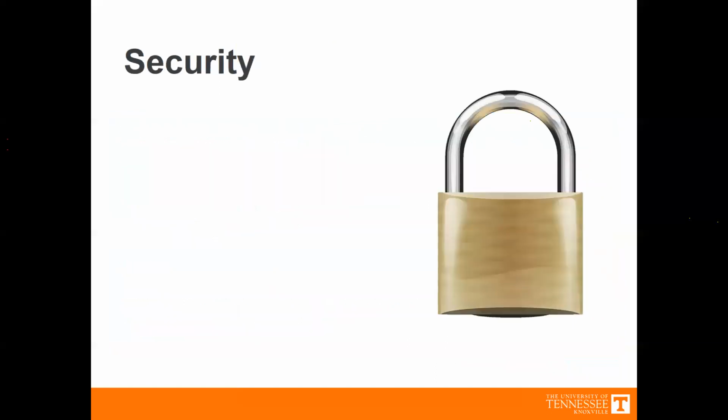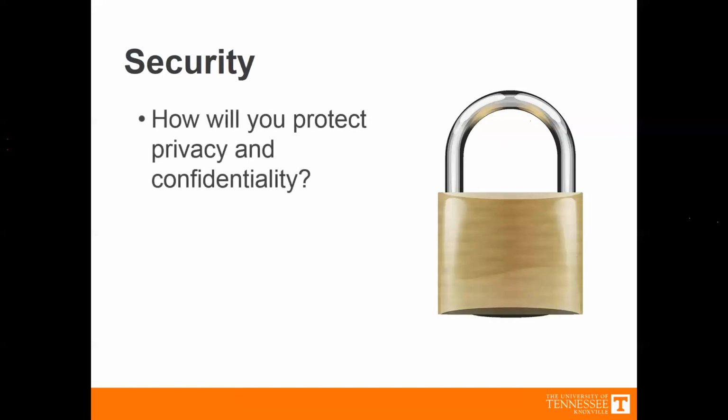Now we're going to get into data security, and some questions that you want to answer in this section of your DMP are: how will you protect privacy and confidentiality if your research data includes human subjects data or other issues that might require privacy and confidentiality? What is your plan for making sure that happens?